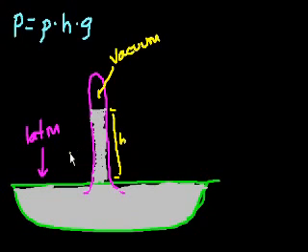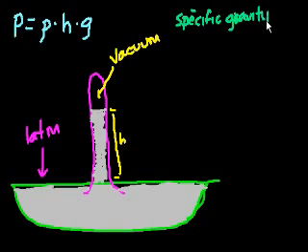Oh, and a couple of things we have to know before we do this problem. It's mercury, and we know that the specific gravity of mercury is 13.6. I'm using terminology because in a lot of these problems, the hardest part is the terminology.